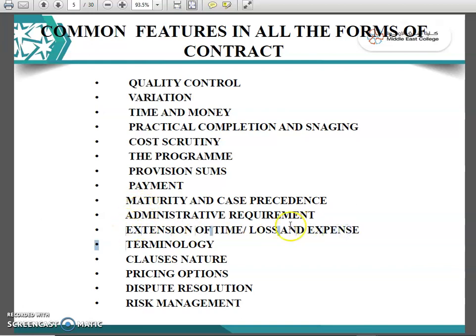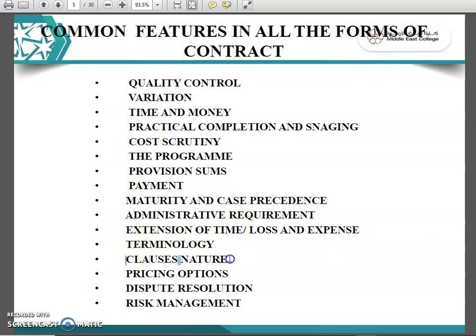It will arise generally in various situations. If there is any requirement of extension of time, or any loss or other expenses, how to deal with the situations? Time and money and quality controls are very important. However, this leads to a lot of disturbances actually.